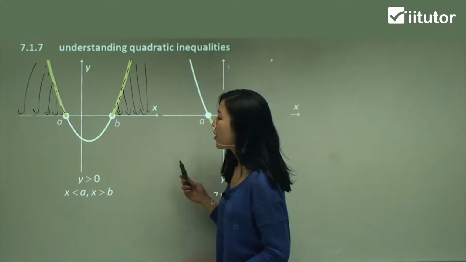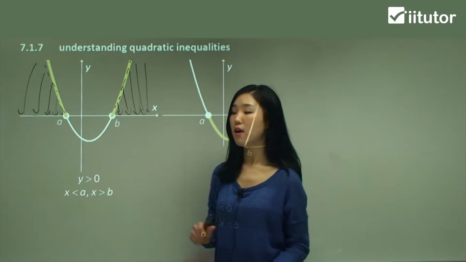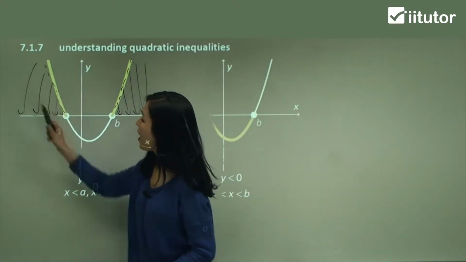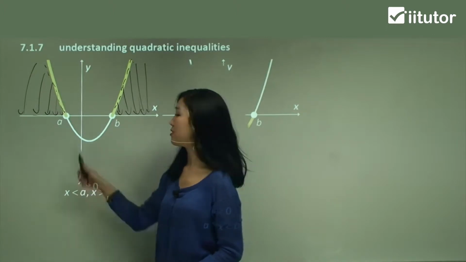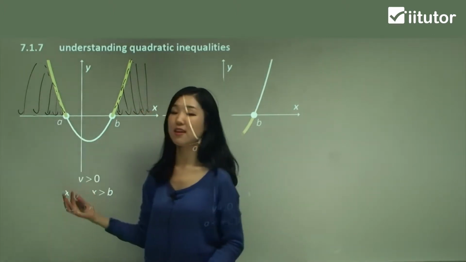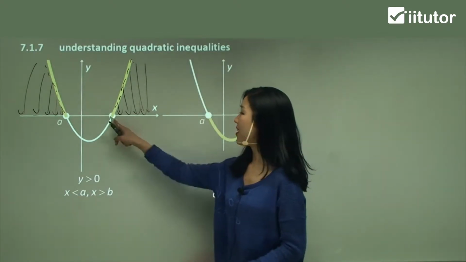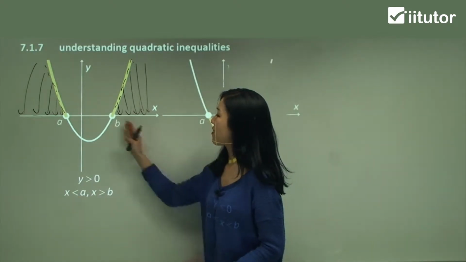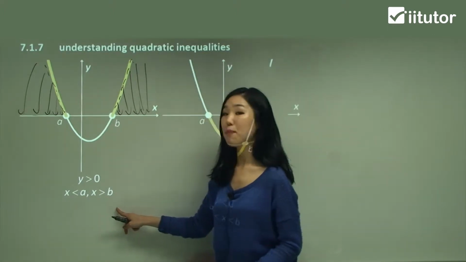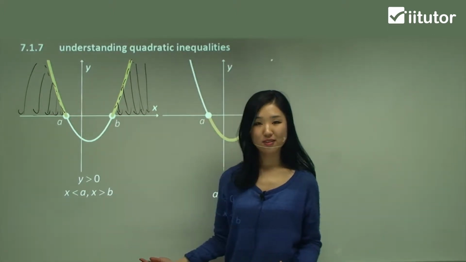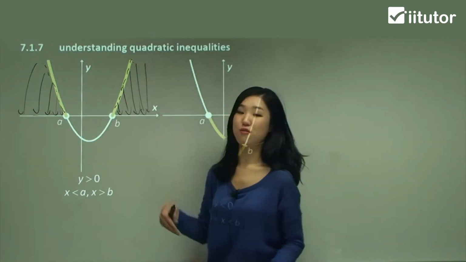So the corresponding x values for y greater than 0 are the parts where x is less than the value of a. These parts are all values less than a, so x is less than a. And these parts are values of x that are greater than b. So x is greater than b will identify those parts of the graph.